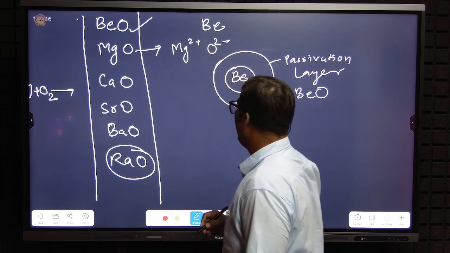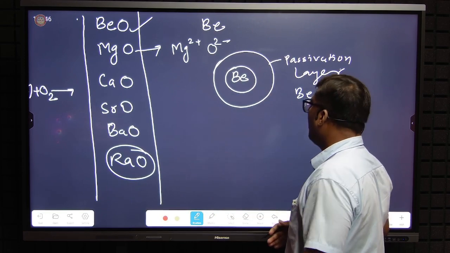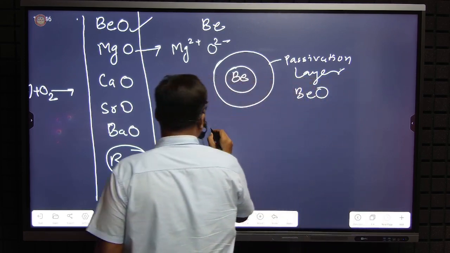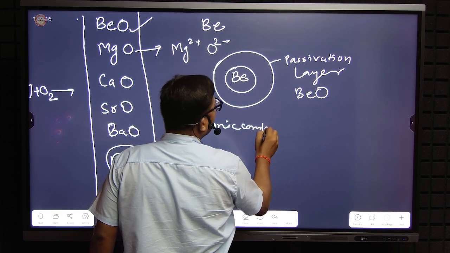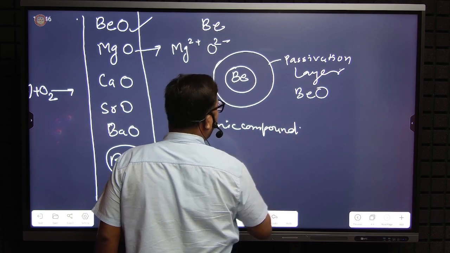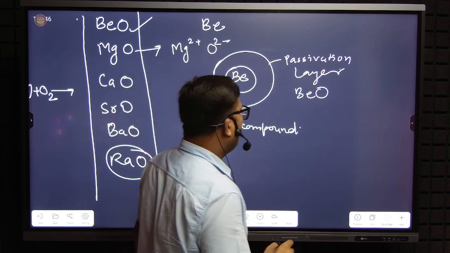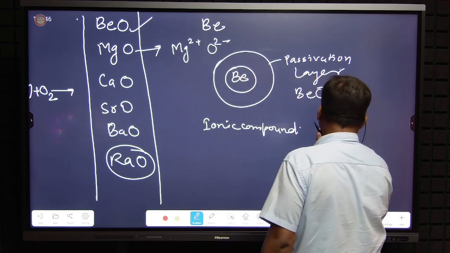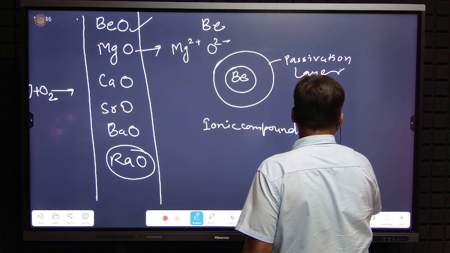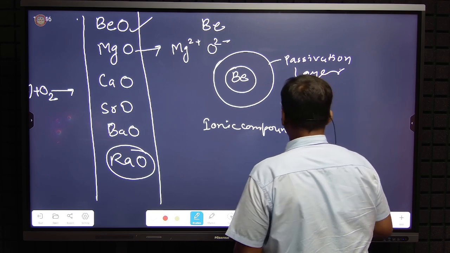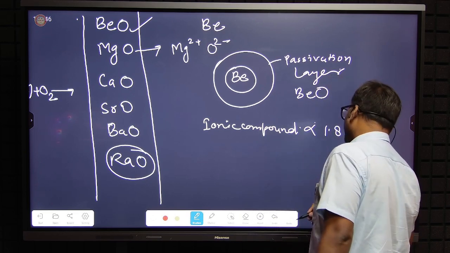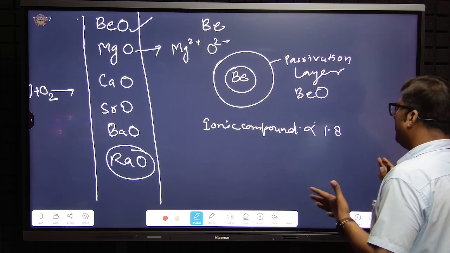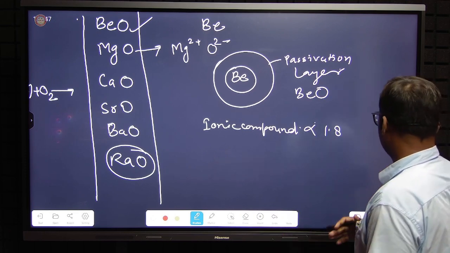So actually they form ionic compounds, and ionic compound, you know, forms only when the difference is actually 1.8 in the electronegativity of these two, metal and non-metals.